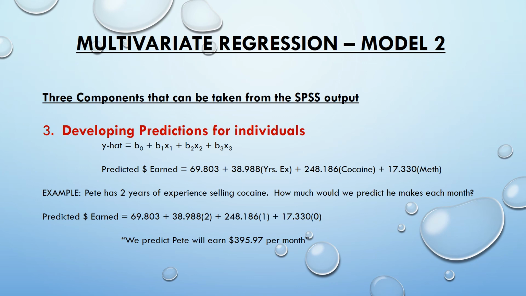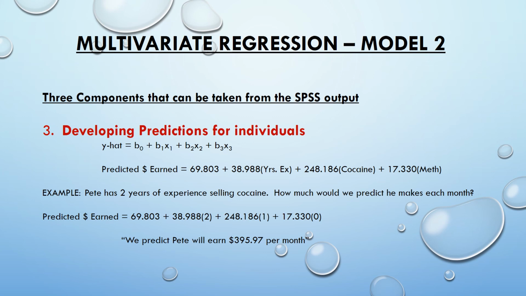So you'll notice I keep those B values, the coefficients, in there, and then next to the 38.988, because he has 2 years of experience, and that's the one that corresponded to years of experience, I multiply it by 2. I move on to the 248.186. That's the cocaine variable, right? And remember, the cocaine dummy variable was, if you're a cocaine dealer, you get a value of 1. Anyone else gets a value of 0.